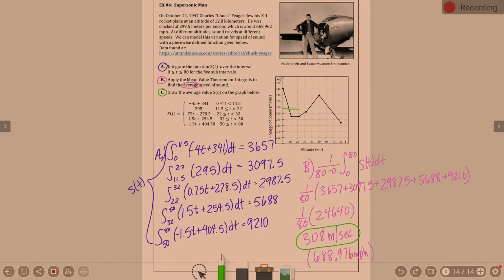Right below 310? So that green line is going to represent my 308 meters per second. Regardless of finding the miles per hour, the graph is done in meters per second. So what do I want to graph? Meters per second. Okay. Now, does that average value make sense? Equal portions above and below, maybe? Give or take?